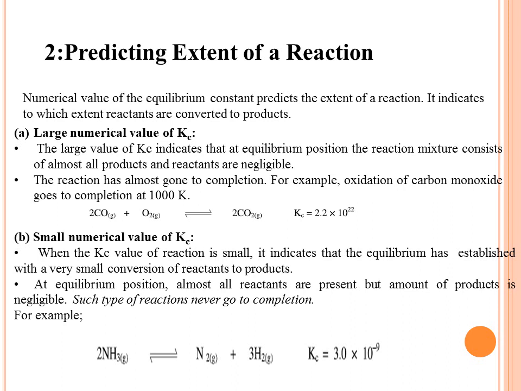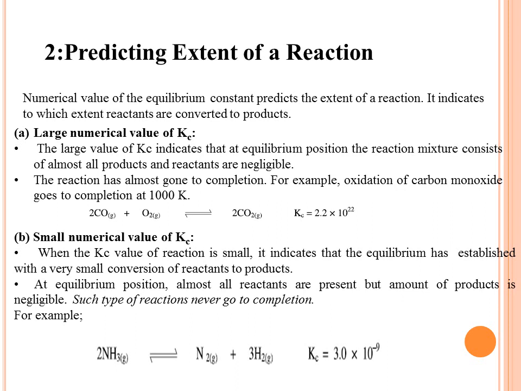How can we predict the extent of a reaction with the help of the equilibrium constant? Now the numerical value of Kc indicates whether the forward reaction is more or the reverse reaction is occurring in more amount.